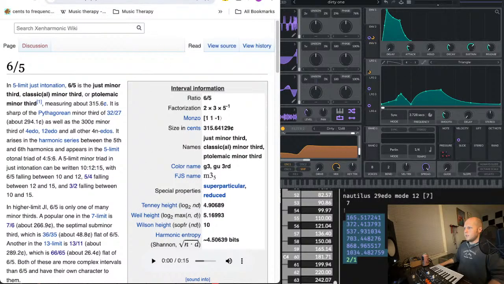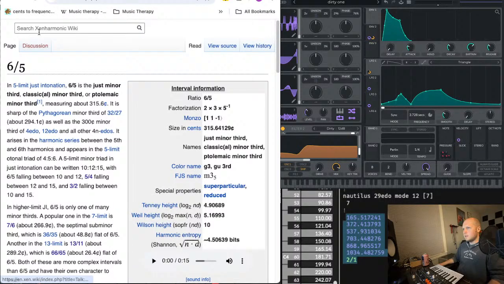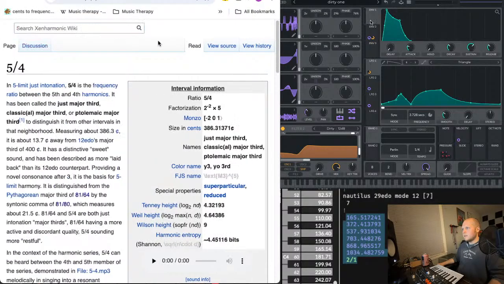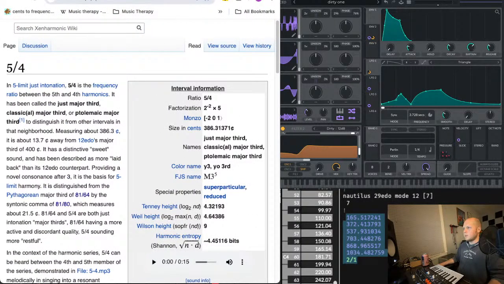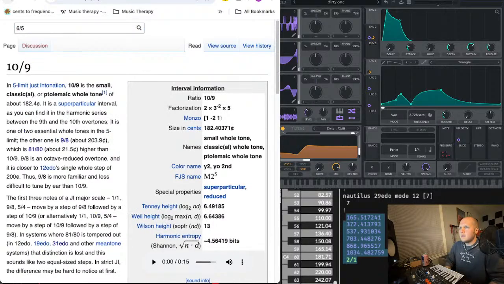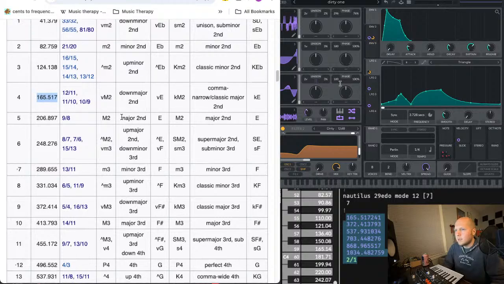It's only 15 cents off. Maybe almost 16. And then just double check, the 5/4 is like 386. Okay, so 14 cents, 16 cents. So roughly 15 cents away from the 5 limit, so that's not terrible.